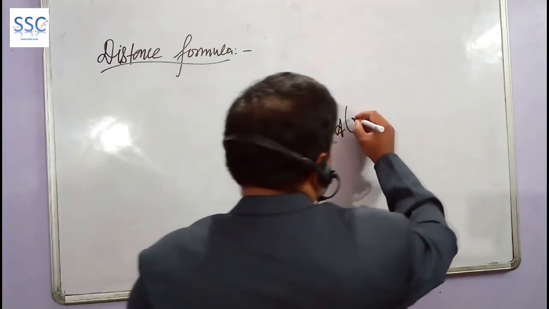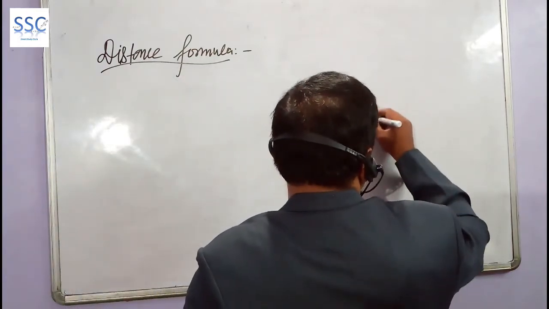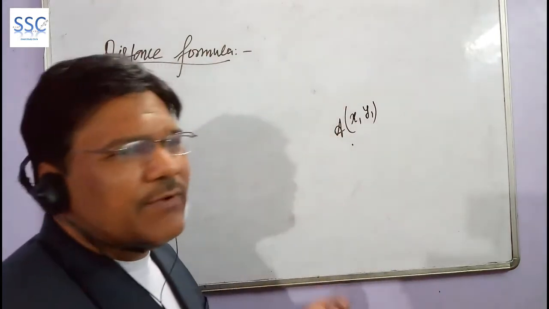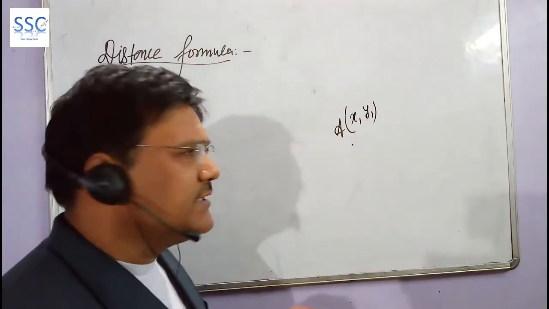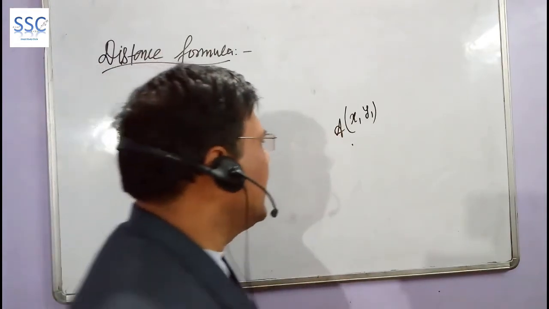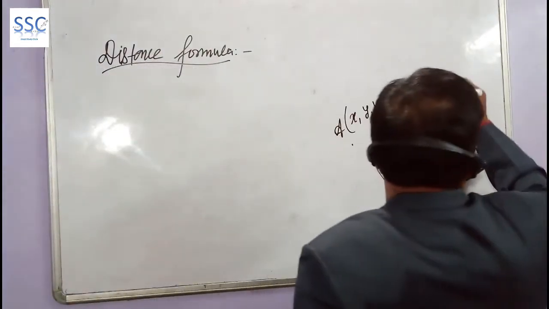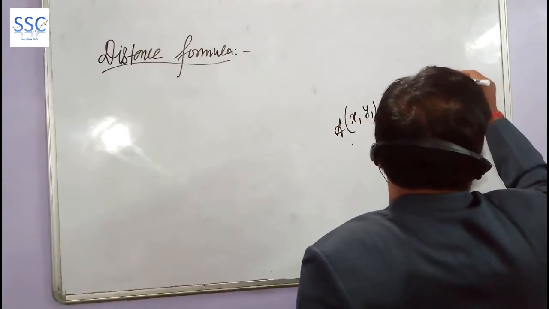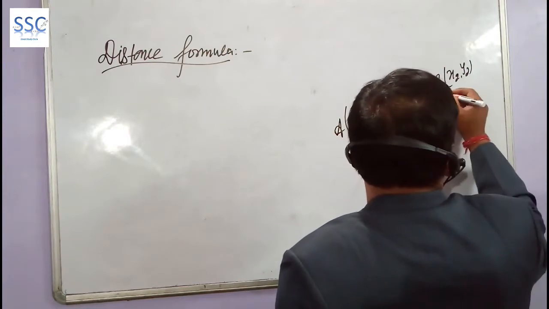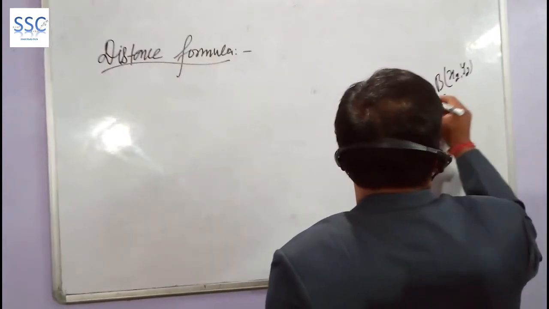The first is the x-coordinate, x1 and y1. This one is point A. The location of point A could be anywhere, in the first quadrant, second quadrant, third quadrant or fourth quadrant. Don't mind it. It is only x1, y1, and B is another point having coordinates x2, y2. You have to find the distance between these two.